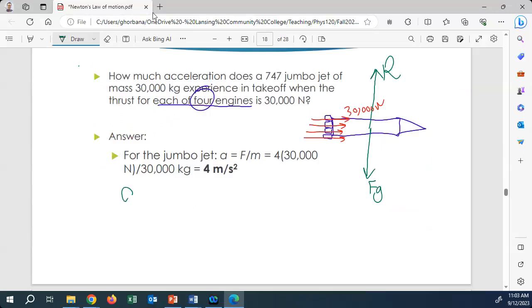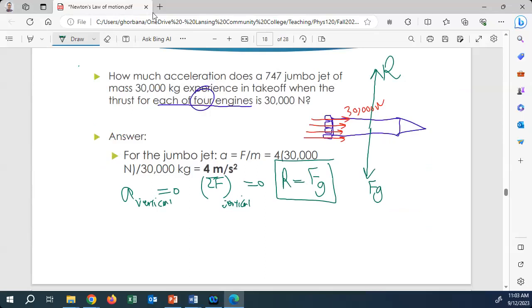There is no acceleration upward or downward, vertical acceleration is 0. The net force in the vertical direction is 0. What does it mean? R and FG should be equal to each other. We didn't need it, but we analyzed it, and it helps us understand the problem better.